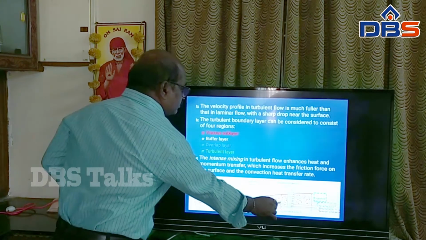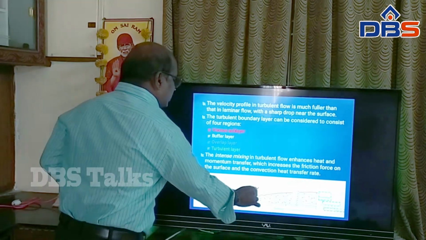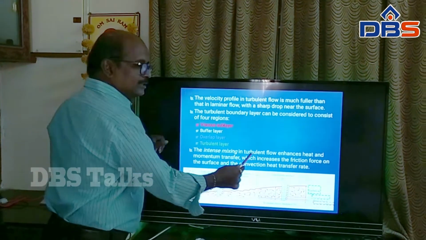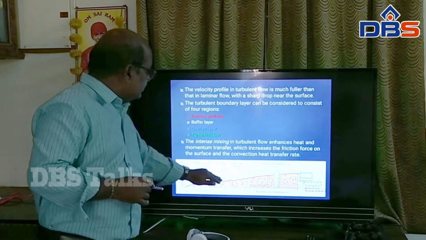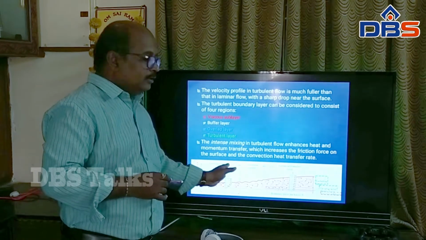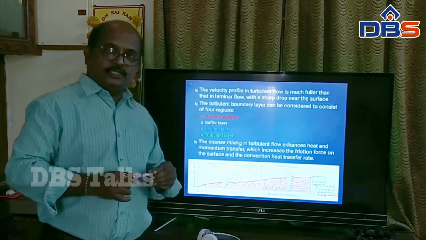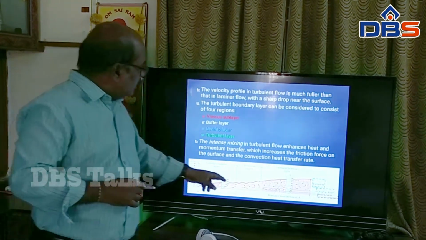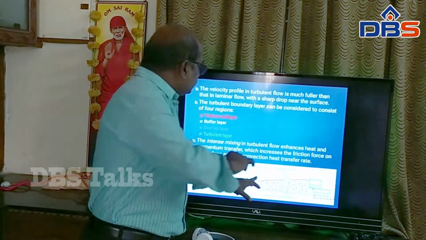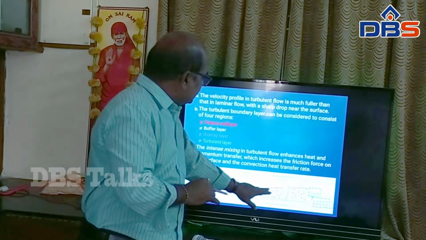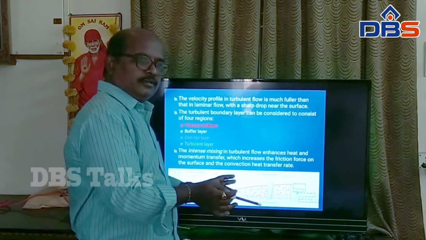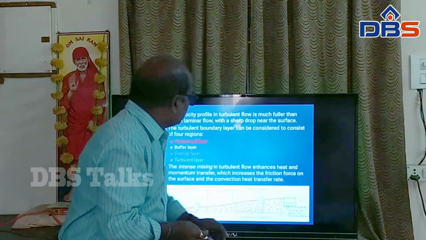And after some distance, after the laminar boundary layer, the fluid starts disturbing. There is a deviation of fluid flow. This is called a transition boundary layer. After some distance, we find inside the boundary layer the fluid is in a zigzag manner. So that portion we can call a turbulent boundary layer.